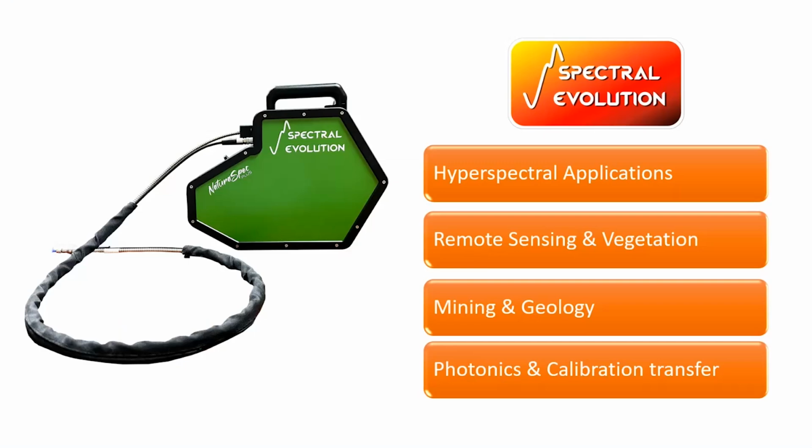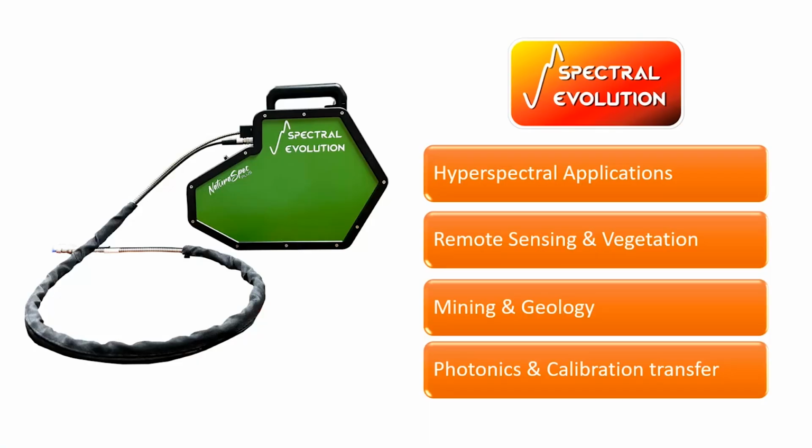So our primary applications are in hyperspectral applications, remote sensing and vegetation, mining and geology, as well as photonics and calibration transfer. We have several different applications in all of these categories, and we're widely used in various industries.